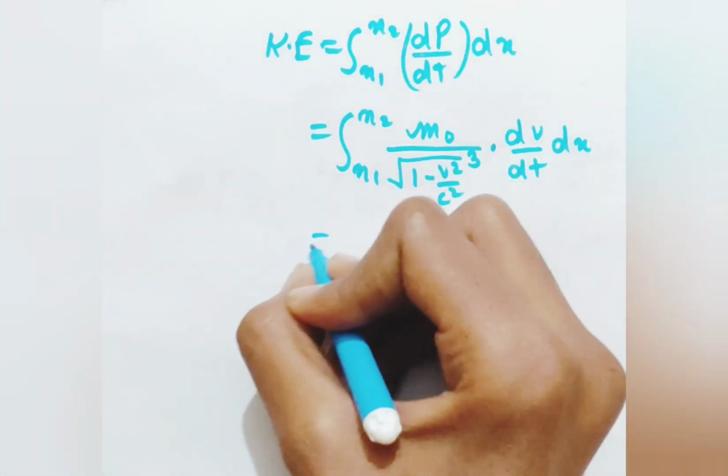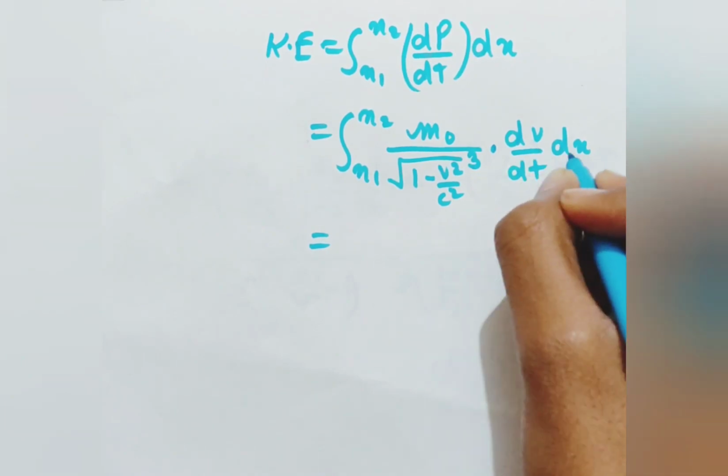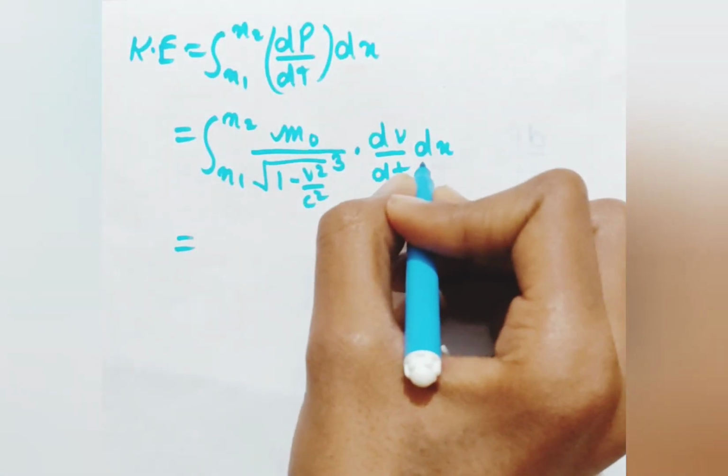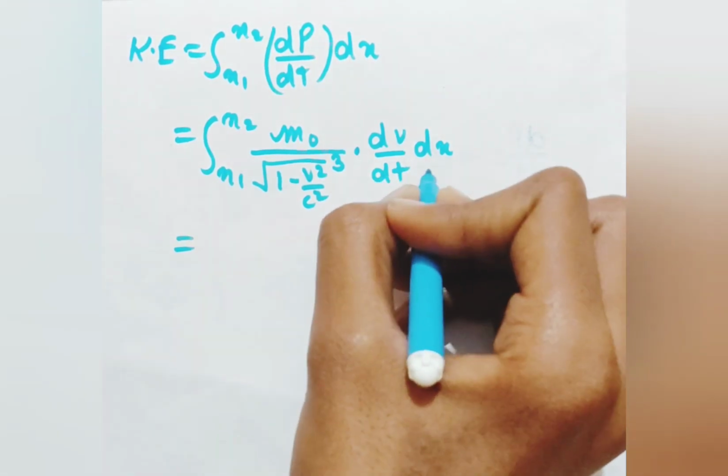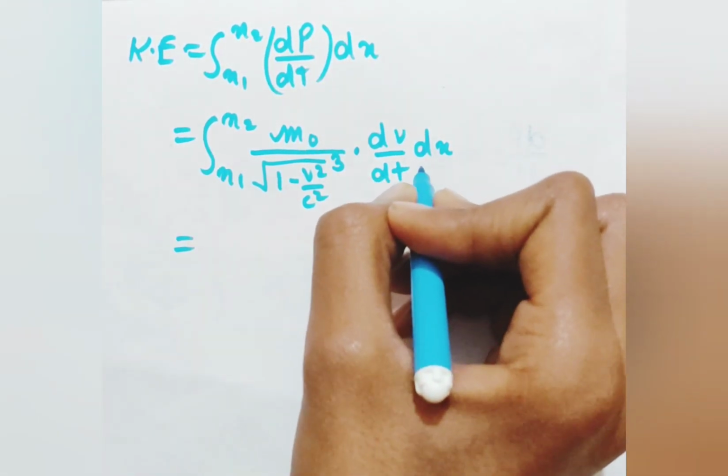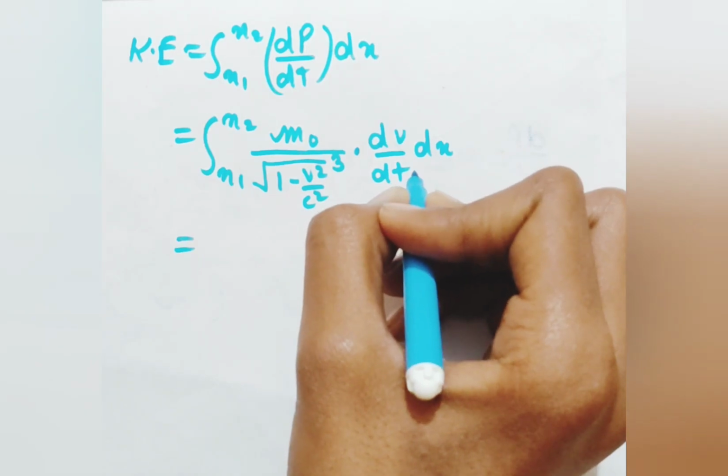Now what we can do is rewrite dv by dt times dx as dx over dt multiplied by dv, and changing that will change the limits of the integral.